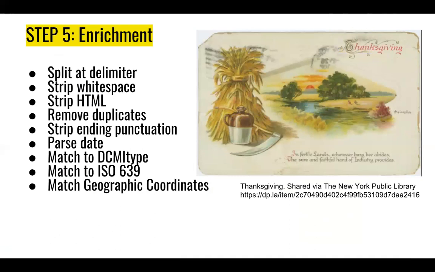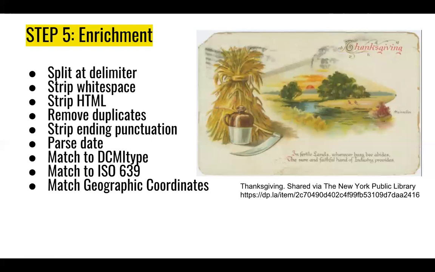Enrichments will actually add new information to the record. So an enrichment might match the format term photograph in your property to the DCMI type image and add back a property of type with the value image to the DPLA map version of the record. So normalizations just clean up what you have, and enrichments add a little bit of enhanced information to the DPLA version of the record.